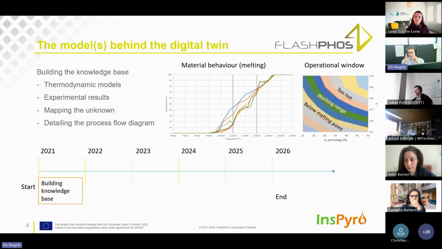So we started off with thermodynamics to first do calculations, but actually we complemented this with several experimental results because we needed to support our model on that side. So that's what you see here. It's a high temperature process, as Christian explained, so the material is going to be molten.